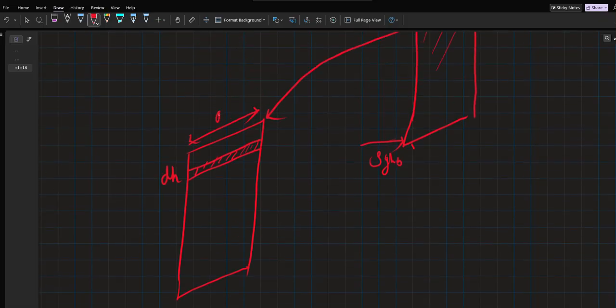Let's take the height at which this strip is present as h from the top. So the strip with its dh is situated at h from the top. Now you can find the pressure here: rho g h, because there is h height of water column on top of this strip.